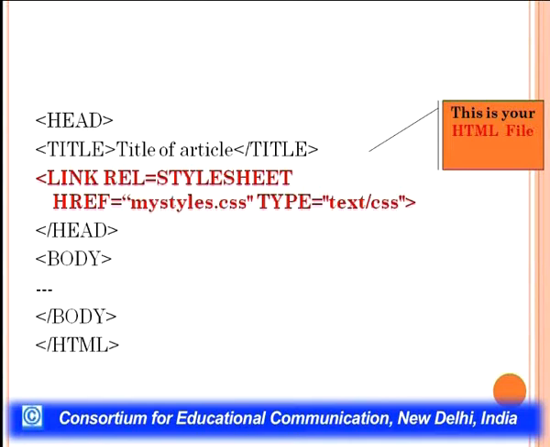So type is text/css. There are different types which you can specify, but text/css is supported by all browsers, so this is generally used. This link command is going to create the link tag.